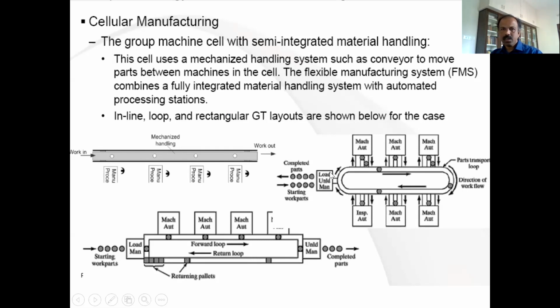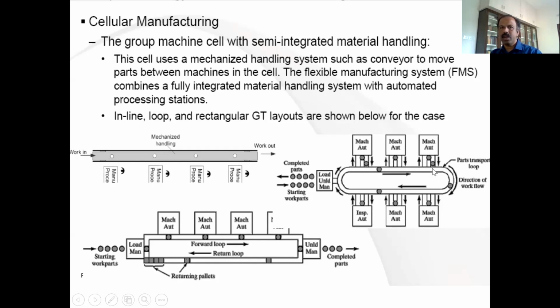Here you have loading and unloading stations, where you load the starting work parts. Once loaded, the work part will move in the loop, where machining is carried out at each stage. Machining is carried out, and at the end you unload the work parts.